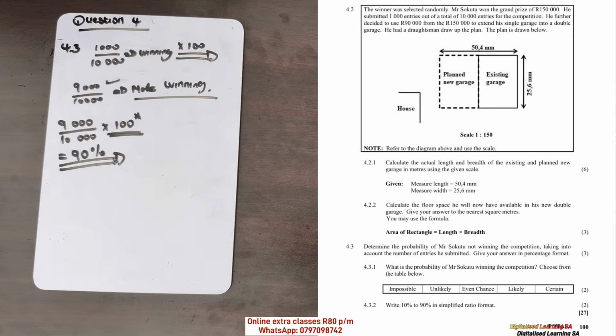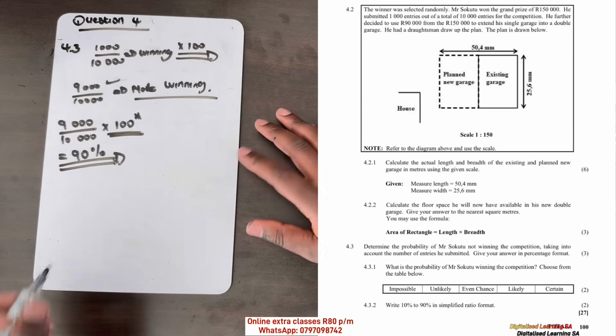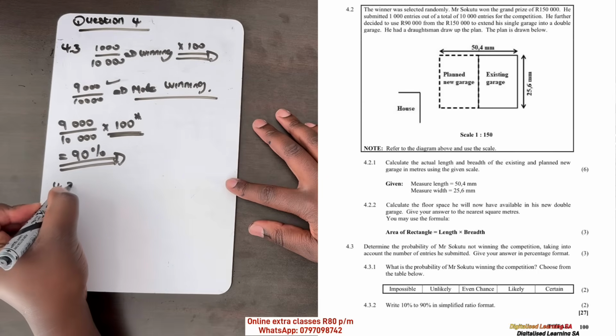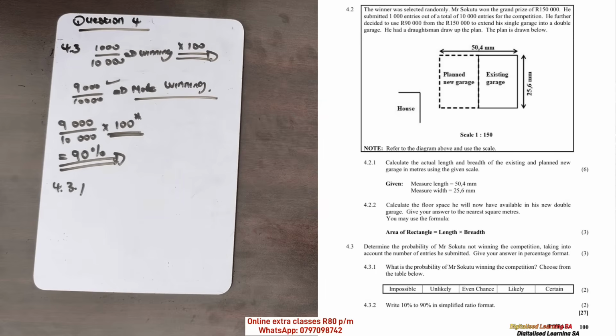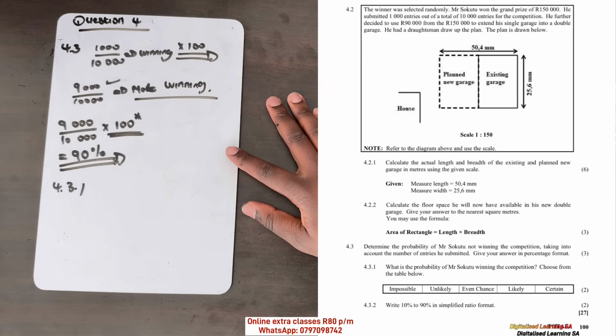And then now let's move to question 4.3.1. Question 4.3.1 says what is the probability of Mr. Sokoto winning the competition? Choose from the table below. So we are given different options. The first option says impossible.